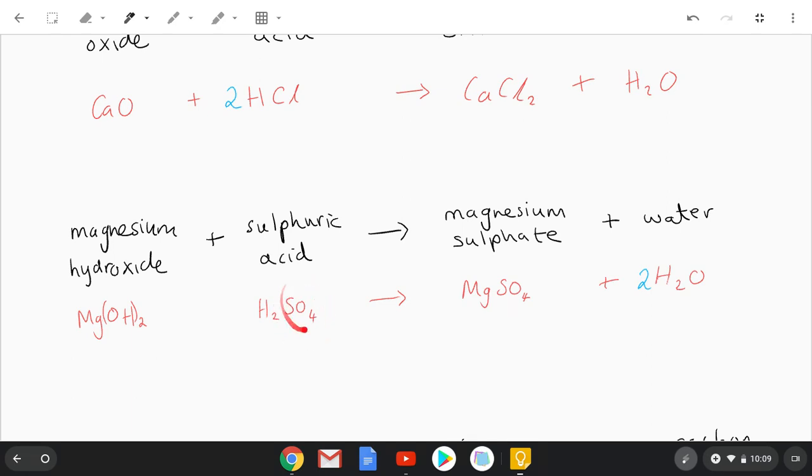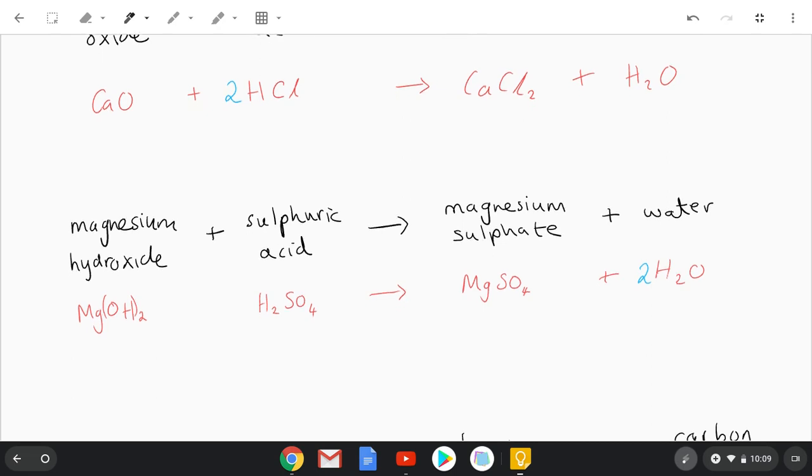So the bit that the hydrogen is attached to, that's what the magnesium reacts with and takes. So we've got magnesium sulfate and water. Remember, every time there is an acid-base reaction, one of the products is always water and the other one is a salt.